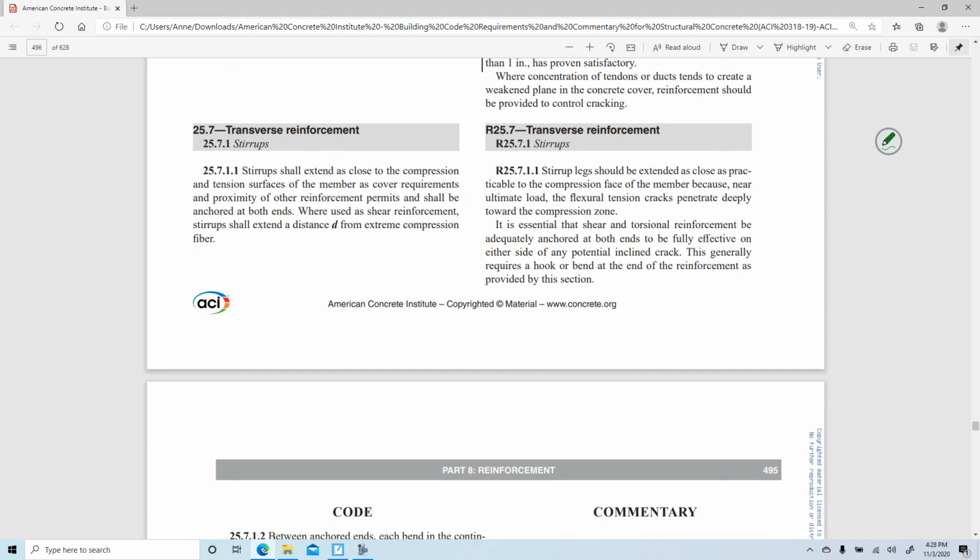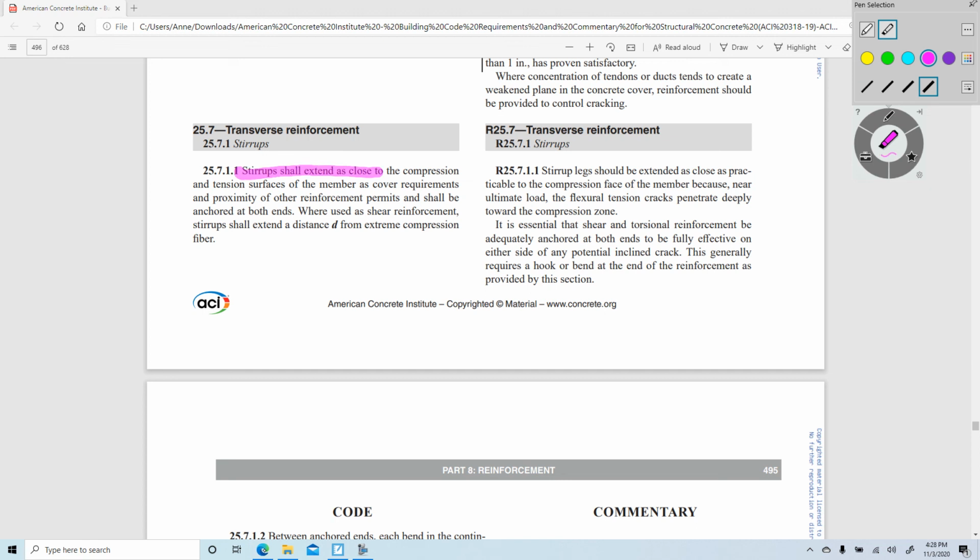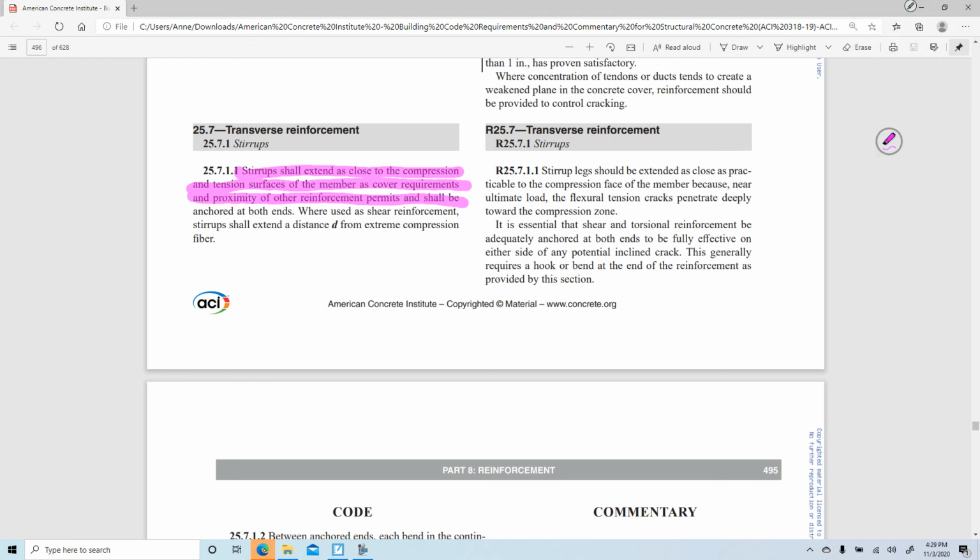So that's why this says, again on page 494, stirrups shall extend as close as you can to the compression and tension surfaces as cover requirements allow. The reason is that it is essential that shear and torsional reinforcement be adequately anchored to be fully effective on either side of the potential inclined crack.